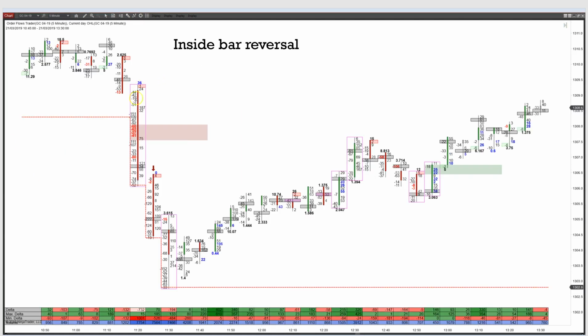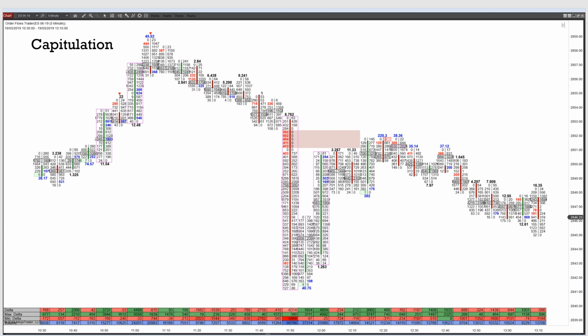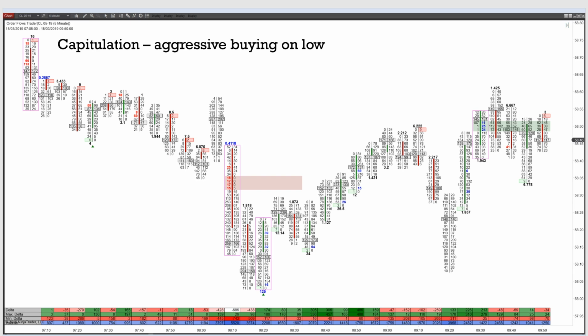I prefer it to push lower, rather than wham, get everything down there. Really, that takes guts to stand there and buy it like that. Because you buy it like this and you get another bar like that down, next thing you know, it's 10 points against you. I like a little bit more methodical activity in my trading.